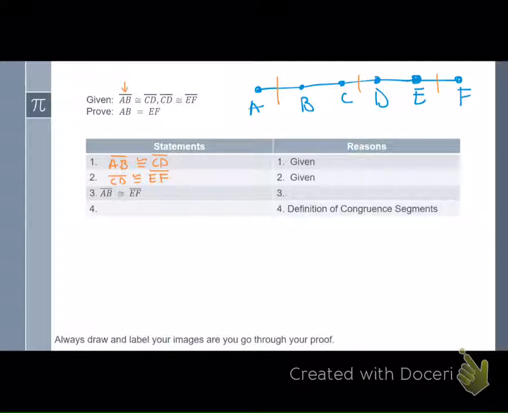So you have the line segment marking when it's congruent. And then when it's equal, you have no line segment marking. So go ahead and get that stuff written down.